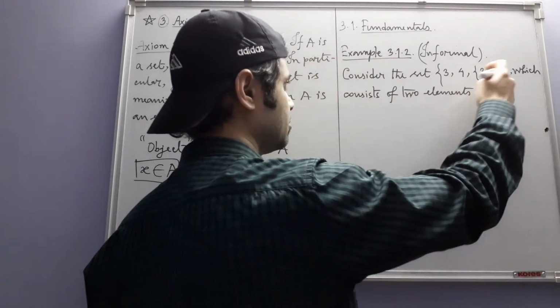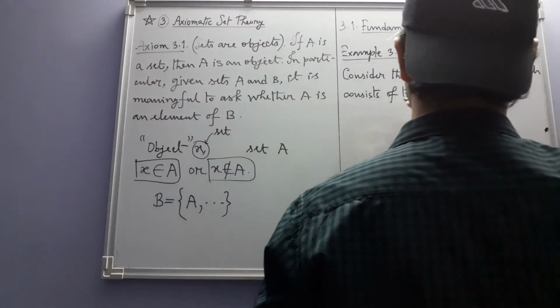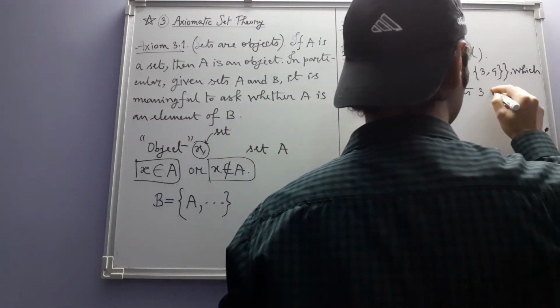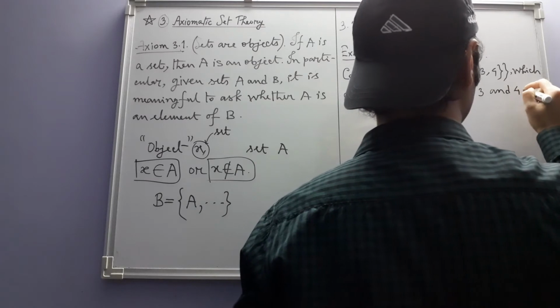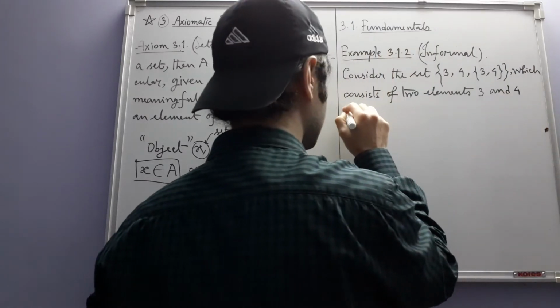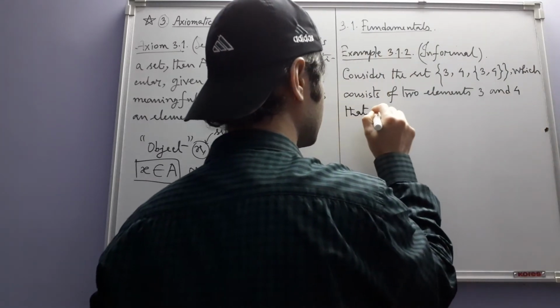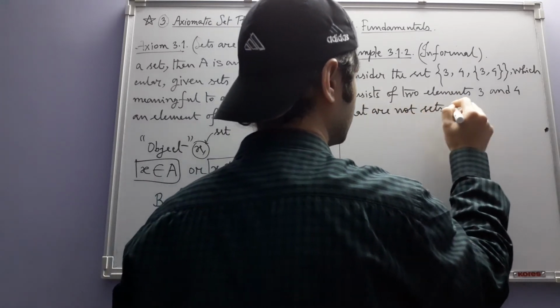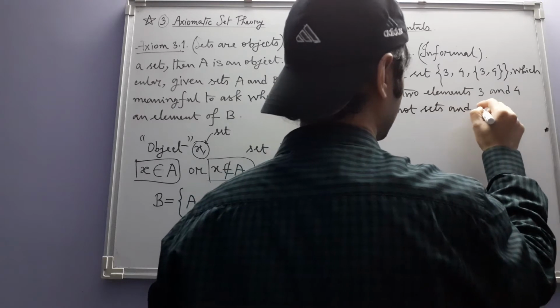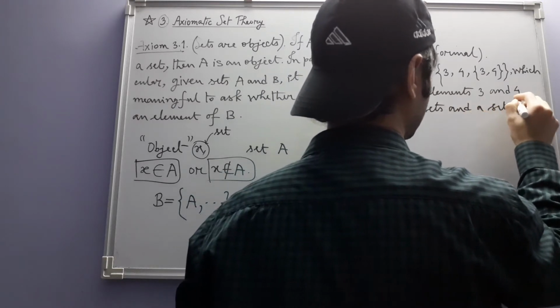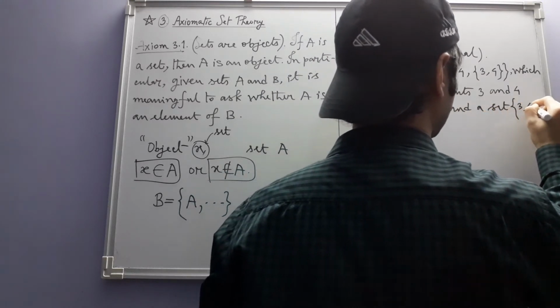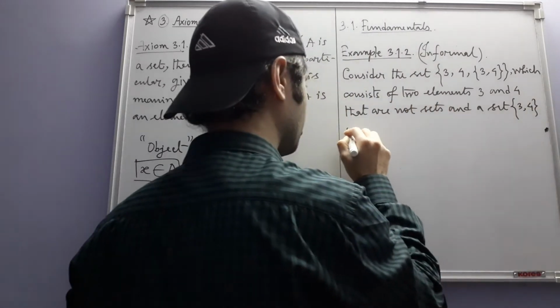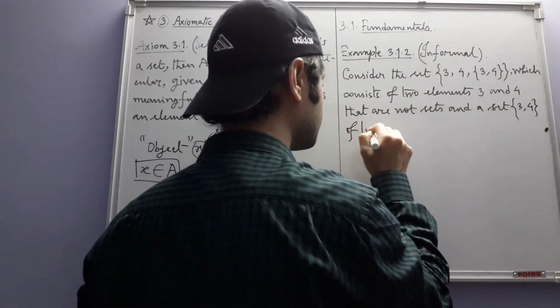After that I can write about this other set also. It consists of two elements 3 and 4 that are not sets, and a set of two elements.